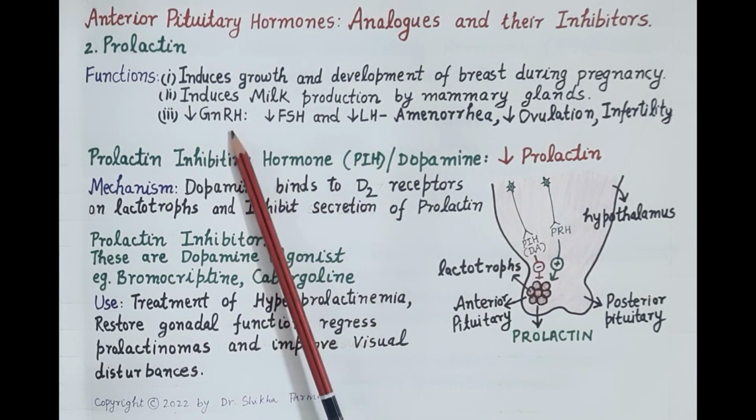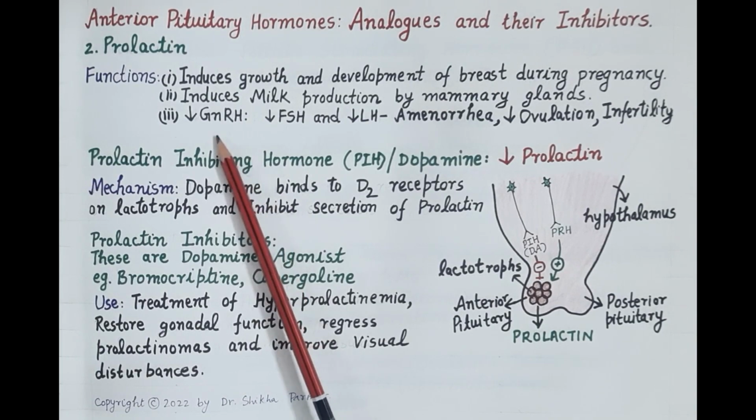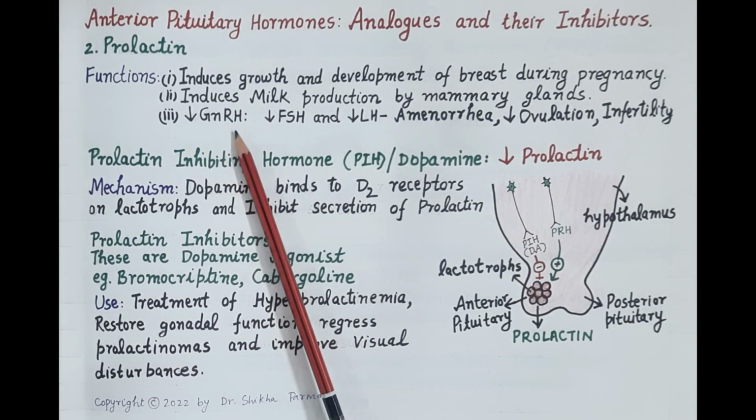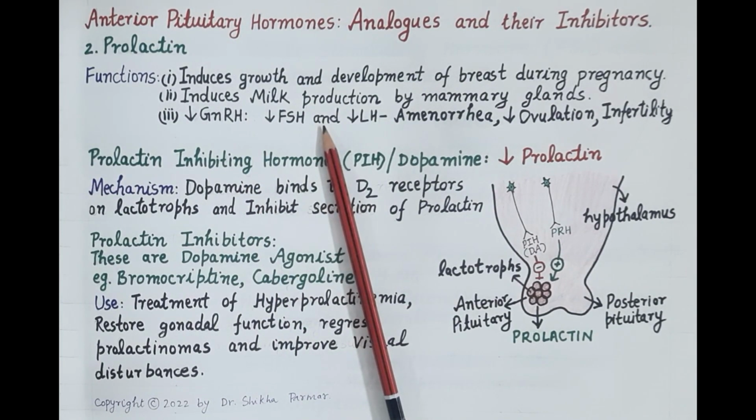Now another very important point, increased prolactin inhibits release of GnRH, that is gonadotropin releasing hormone, from the hypothalamus, which inhibits release of FSH and LH from the anterior pituitary.